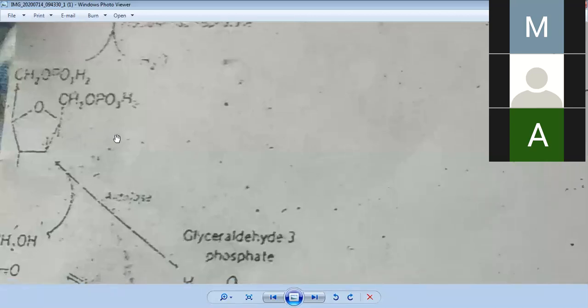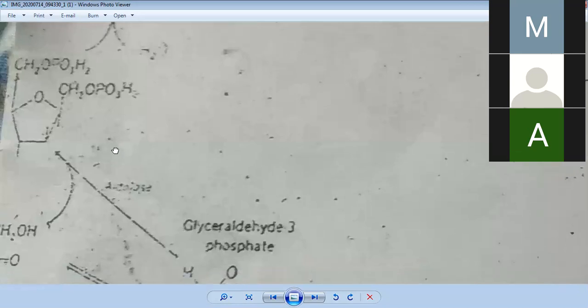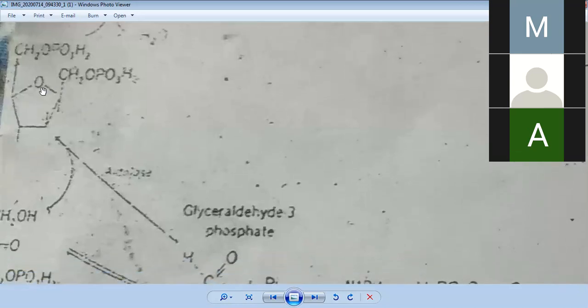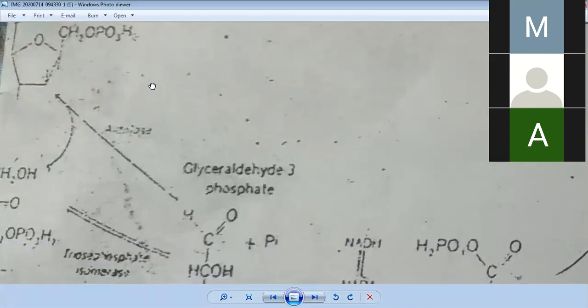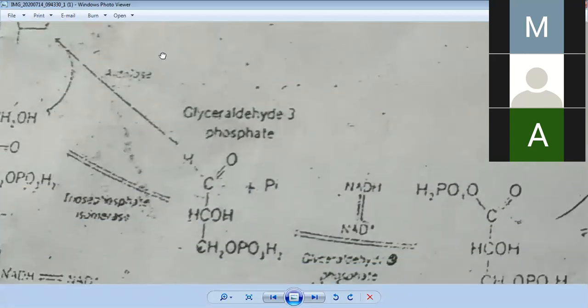Any question? Okay. So now this fructose 1,6-bisphosphate will be converted into 2 products. One is glyceraldehyde 3-phosphate and one is dihydroxyacetone phosphate. This one is aldehyde and this one is keto sugar.